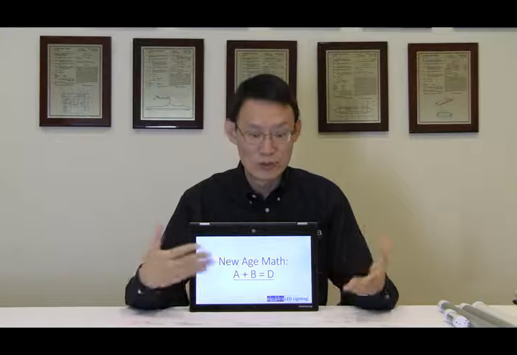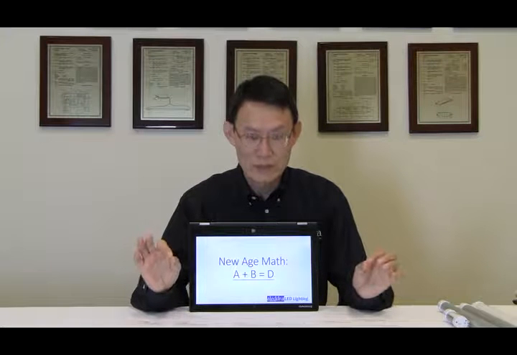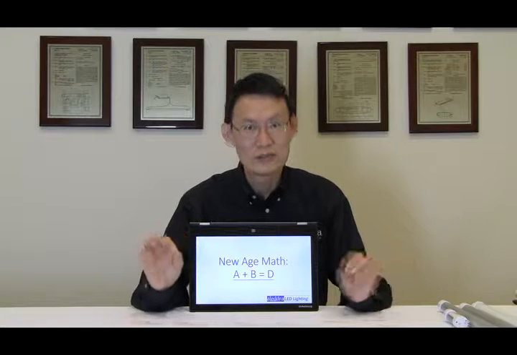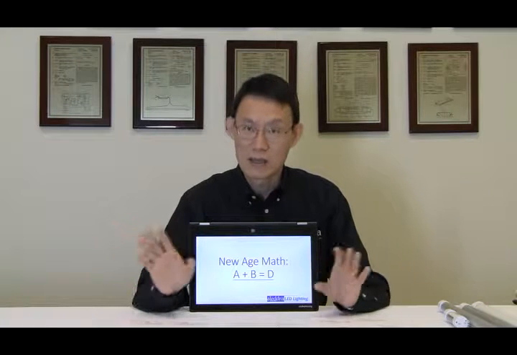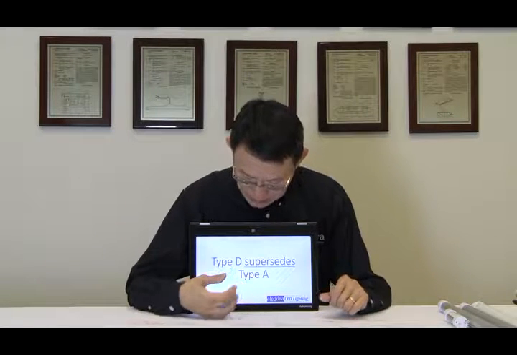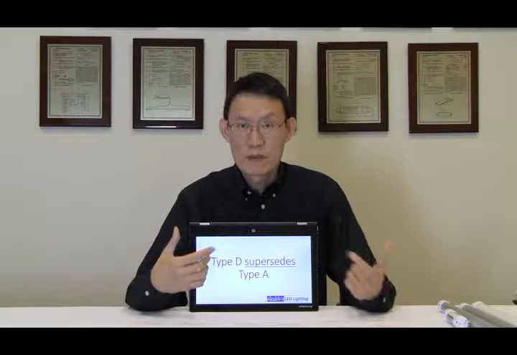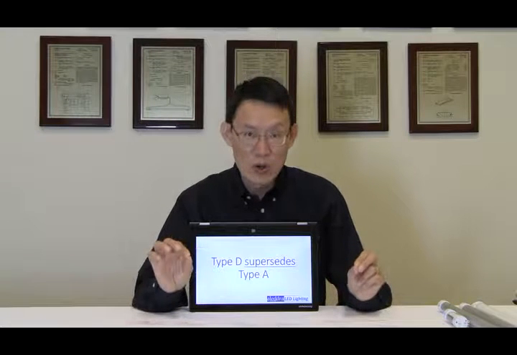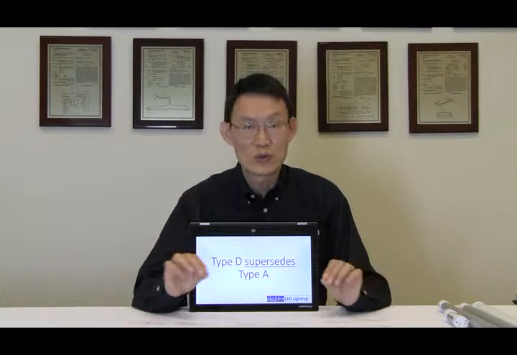So now with the new Type D, what will it do to existing Type A and Type B tubes? Let's take a look. Type D tube, as it is dual mode, really supersedes and replaces Type A tube. Why?